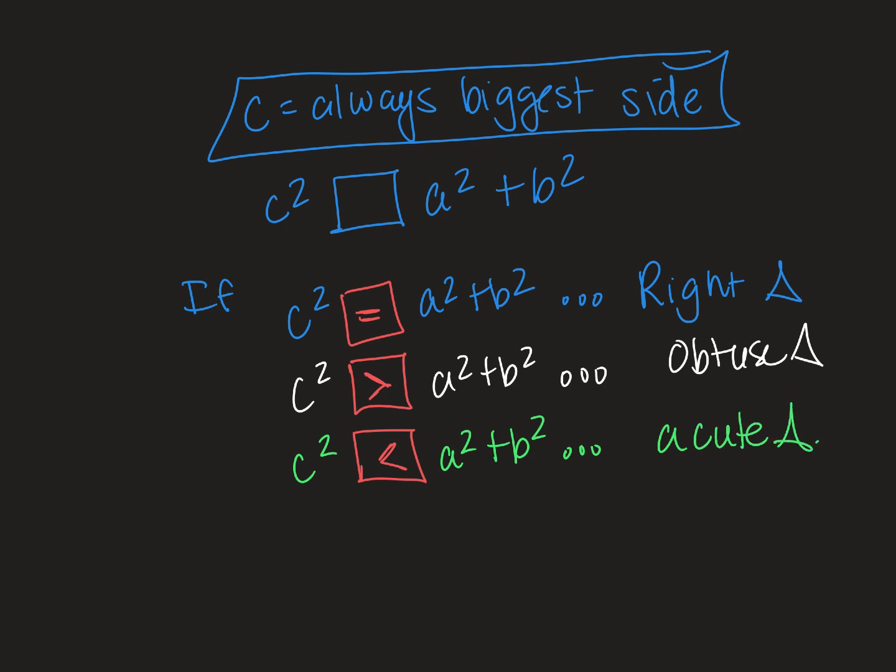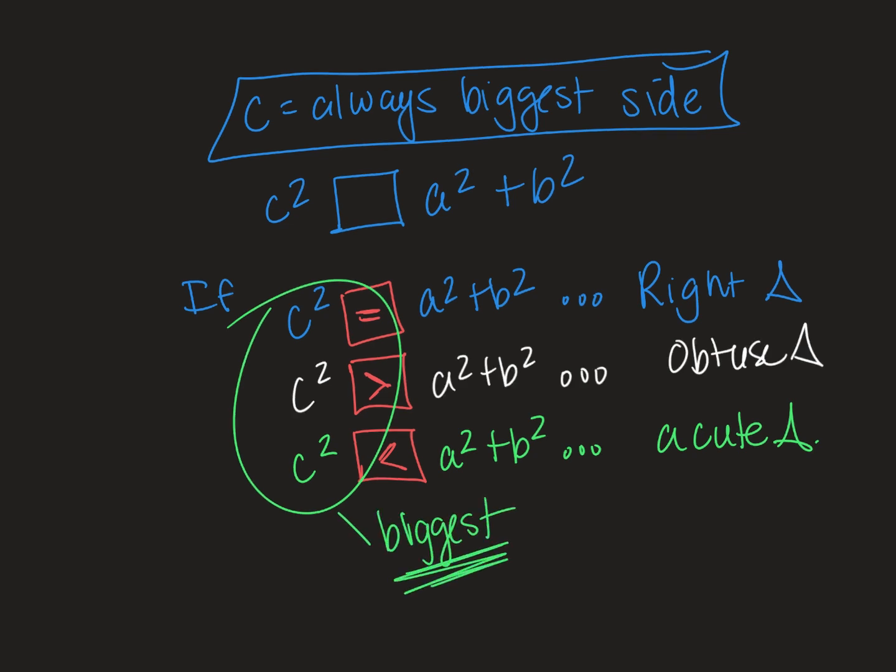So all of our work today is going to focus on making sure this is the biggest side. You always start with the biggest side, okay? And we're going to set that up over there. We're going to square each side, simplify, and we're just going to basically figure out what kind of triangle this is.